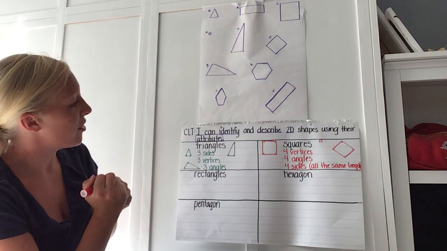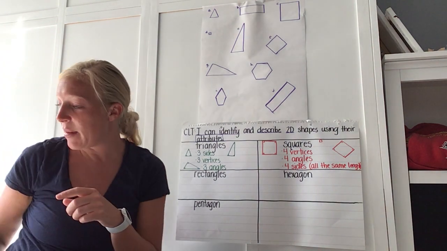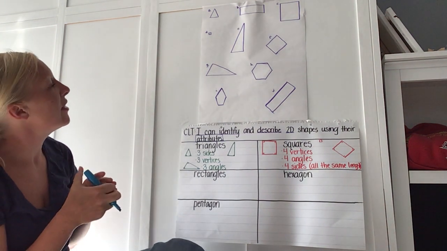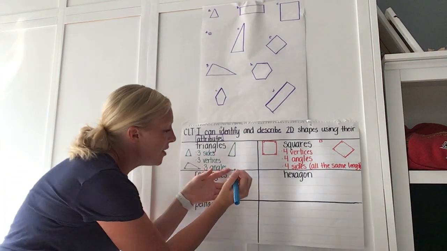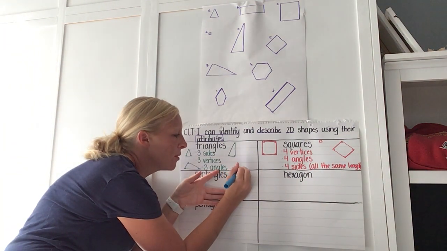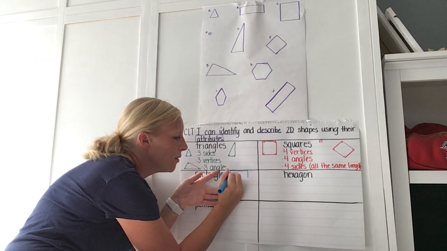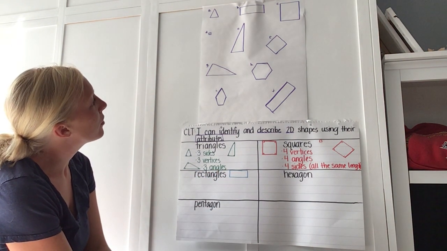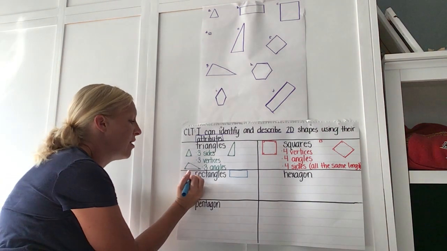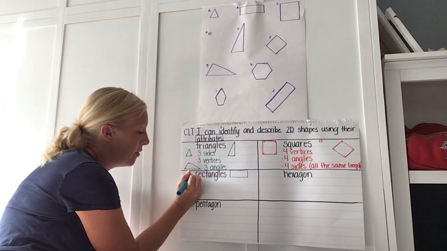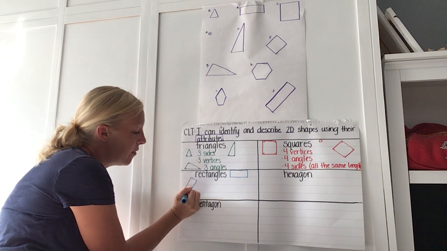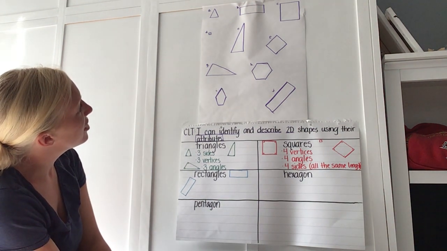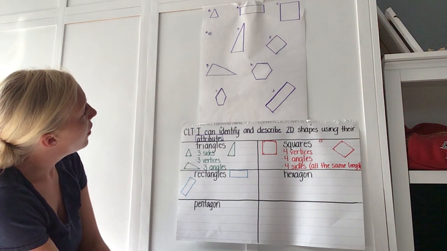What about our rectangles? What do we notice about our rectangles? What letters are they? B, okay. What other ones? J. Any other shapes that are rectangles up there for us?